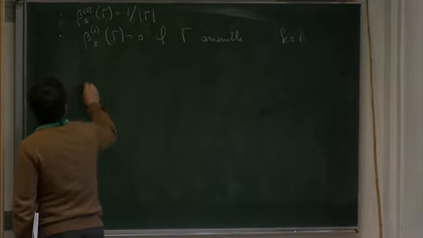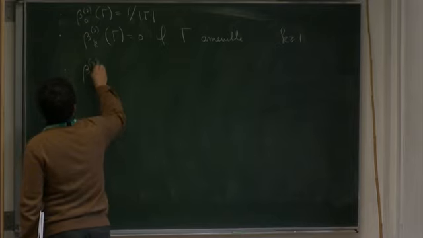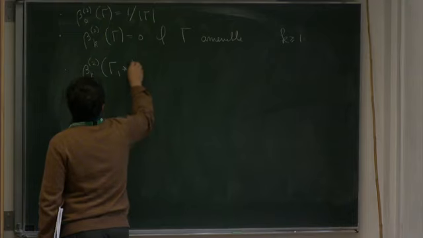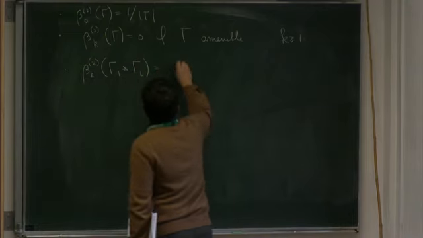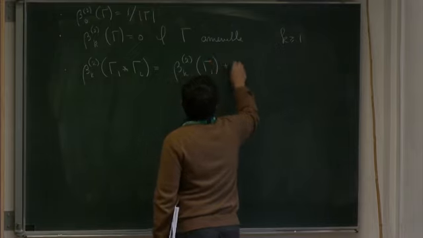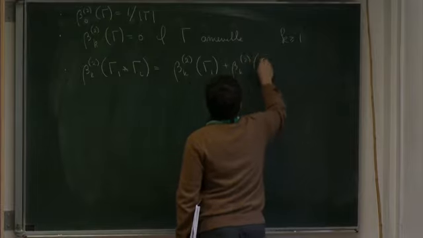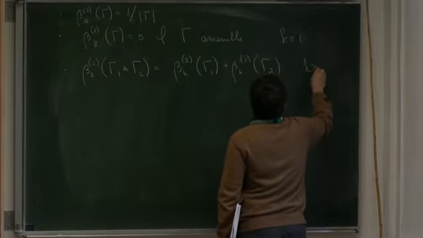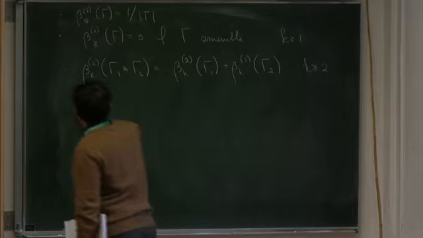For instance, if you look at the kth L2 Betti number of a free product of two groups, what you get is essentially the sum of these L2 Betti numbers, if k is at least 2. But then the first Betti number is sort of funny.